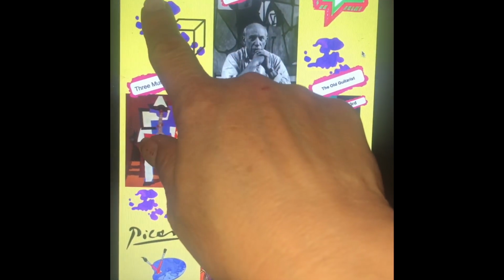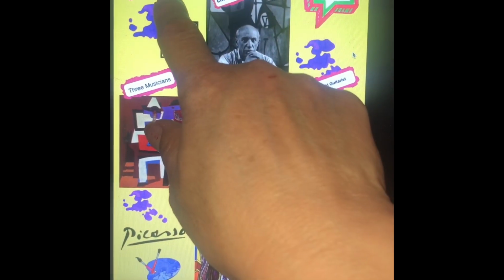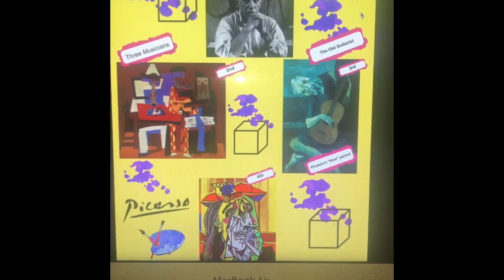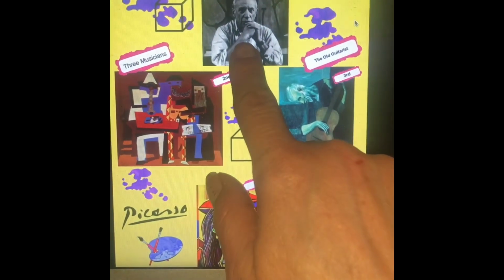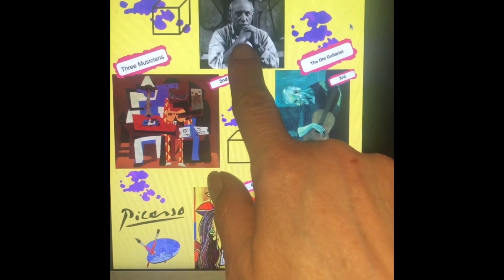I have the word Cubism in this corner that tells you what style of artist he was. And I also have a picture of what he looked like. That's Pablo Picasso there in the middle.